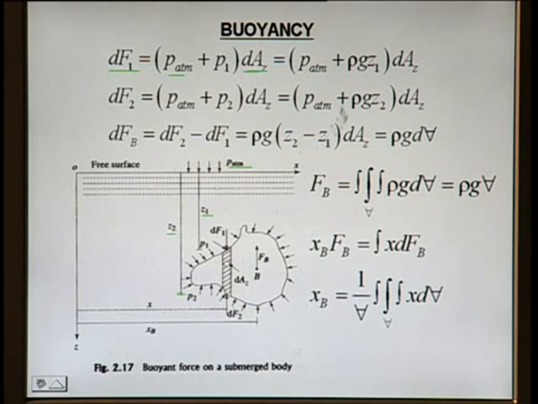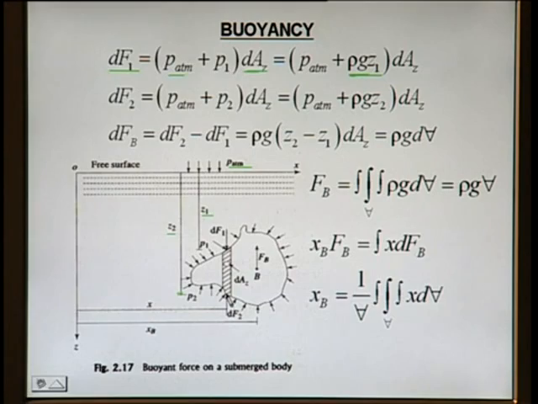P1 is equal to rho g z1 or gamma z1. So dF1 is equal to (P atmospheric plus rho g z1) into dAz, where dAz is the projected area in the z direction. Similarly we can find dF2, the force acting at this point.